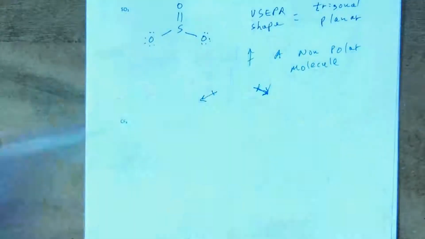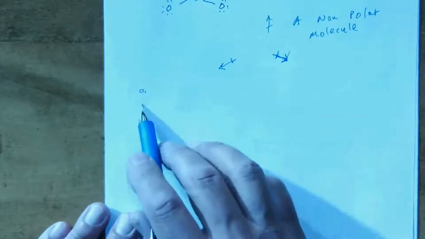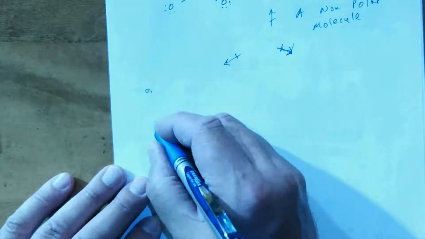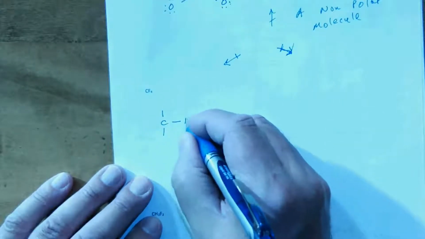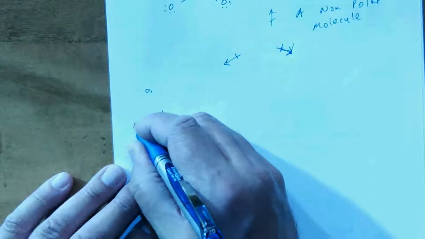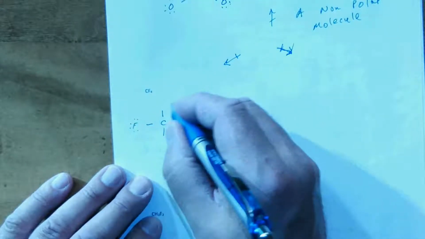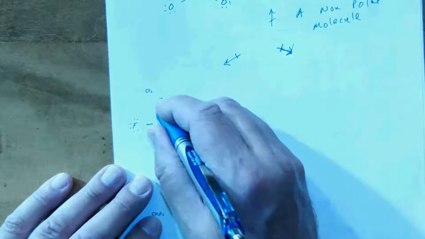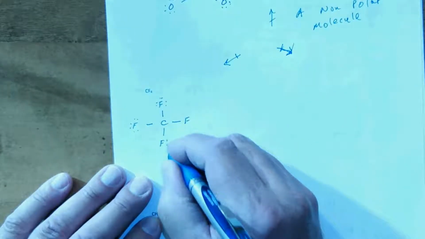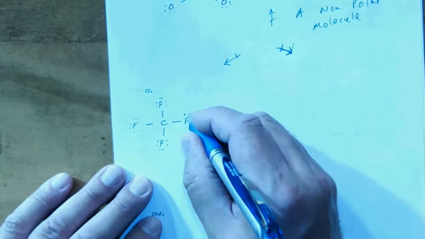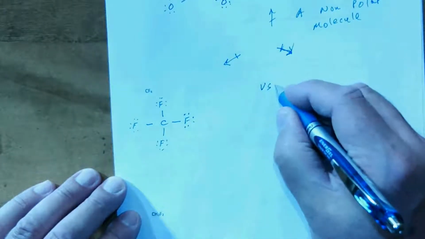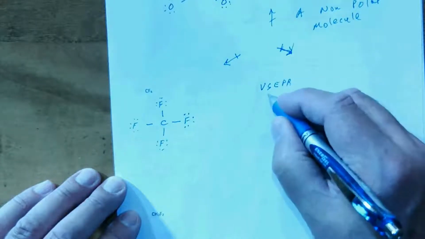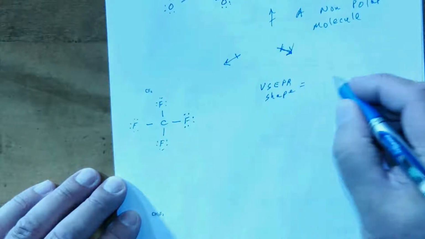Two more quick examples. This one's pretty easy, the CF4. The Lewis structure for the CF4, carbon tetrafluoride, would be this one here. According to VSEPR, the VSEPR shape is tetrahedral.